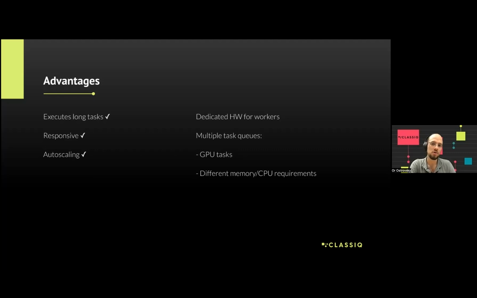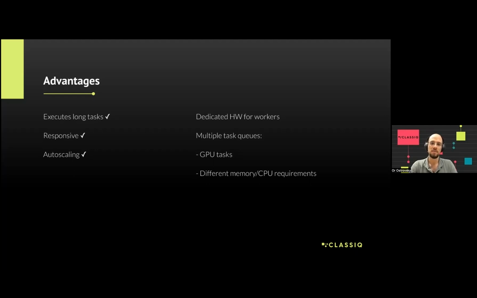And if we have larger jobs that require even more CPU and memory, we'll have a dedicated queue for them, and we'll spin up larger and more demanding pods only when we get those kinds of tasks. This allows you to utilize your cluster and your compute resources much better compared to not using several task queues, not using a job worker.